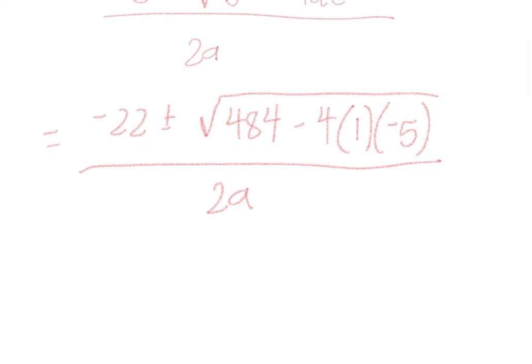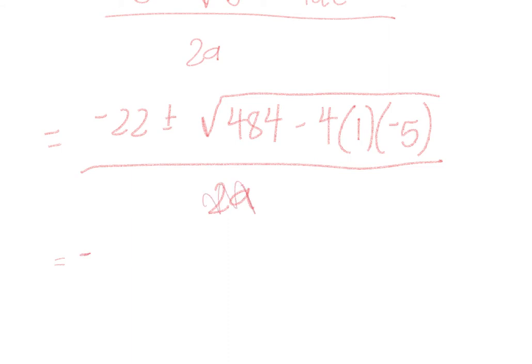So let's look at this a little bit further. I want to simplify the inside of that square root. Whoa, I messed up, y'all. 2 times 1. Okay, negative 22 plus or minus.